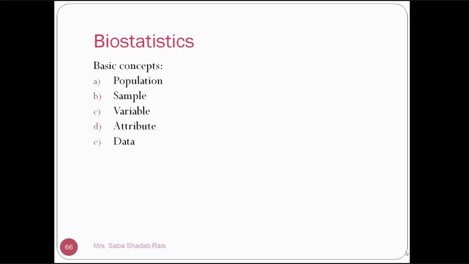All those characters which cannot be expressed quantitatively, but can be described qualitatively, are called attributes. For example, I have selected my sample as the FYBSc class, and my variables are the co-curricular talents of the students.